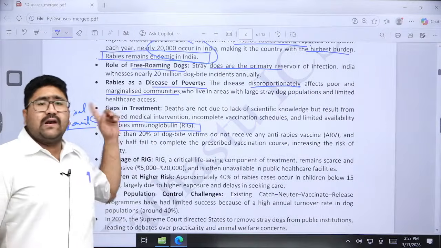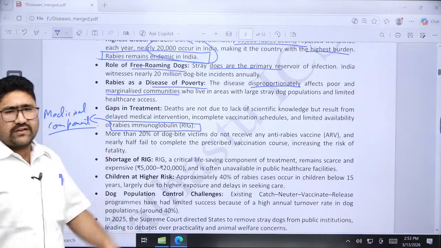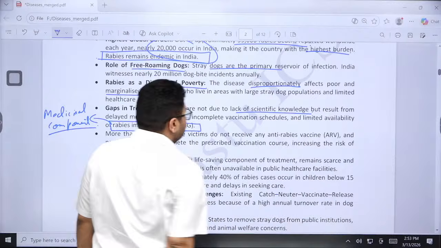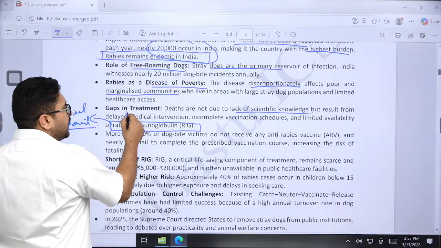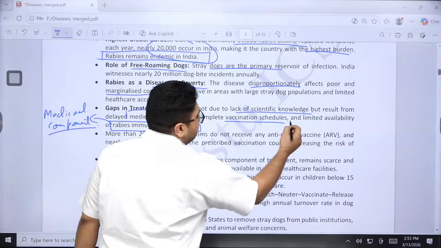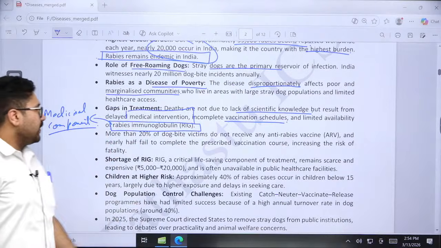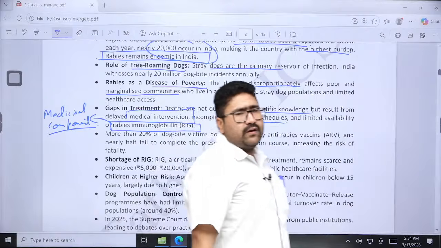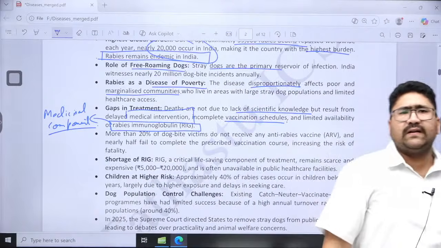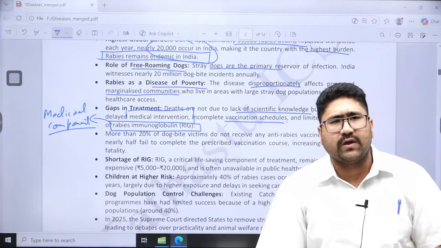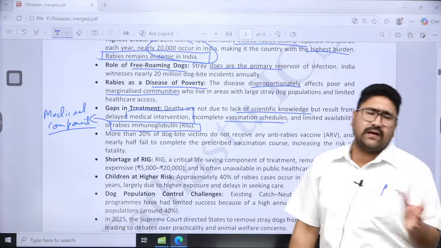Unavailability or less availability of such components will result in deaths. Deaths are not due to lack of scientific knowledge, but result from delayed medical intervention, incomplete vaccine schedules, and limited availability of RIG. What is RIG? Rabies immunoglobulin, the essential component for curing the disease. If it is not there or its production does not happen, then rabies deaths will automatically increase.